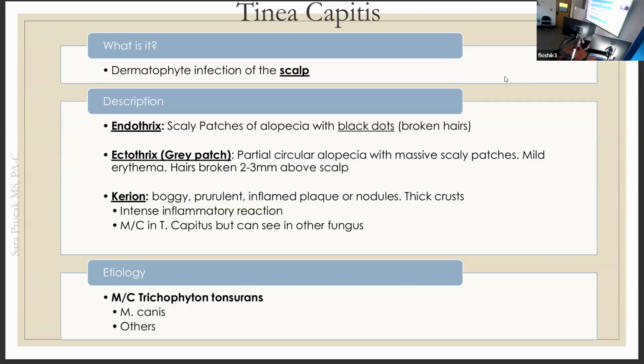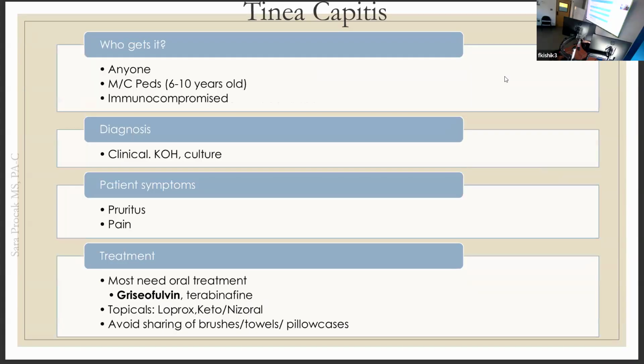You're going to see this most commonly in pediatric patients. It is a clinical diagnosis, but you could certainly do your KOH or culture if you need to. For gray patch and black dot tinea capitis, it's mostly just itchy, not so much painful. The kerion is going to be more painful.